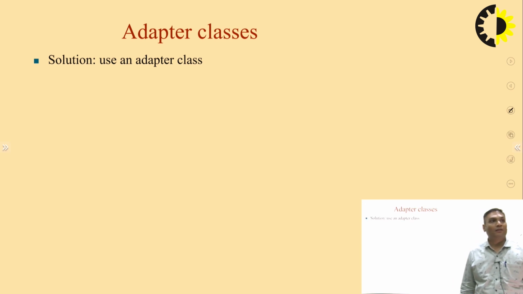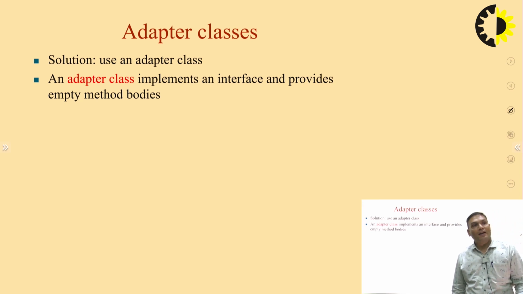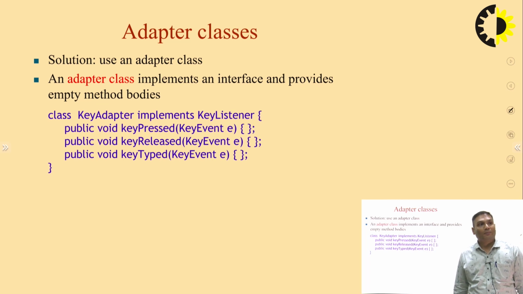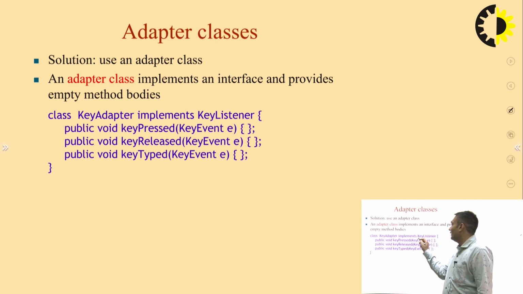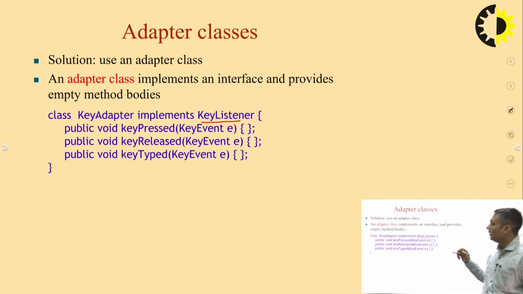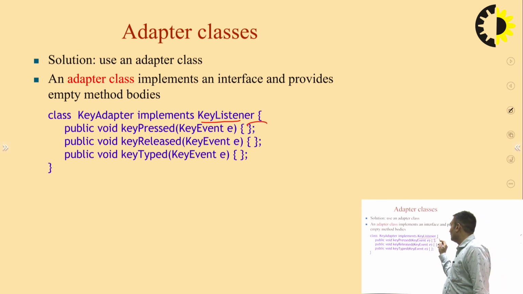So what is an adapter class? An adapter class is a class that implements an interface and provides empty method bodies. For example, if I'm making a class KeyAdapter that implements KeyListener, then we can make methods that are empty.